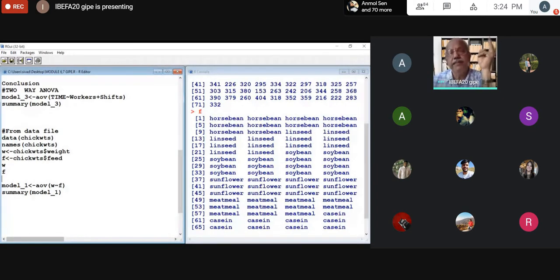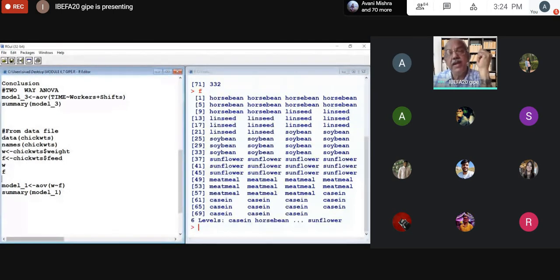Horse bean. 2. Linseed. 3. Soybean. 4. Sunflower. 5. Wheat meal. And 6. Casein. Correct? Yes, sir. So how many parameters for the weight? 6.